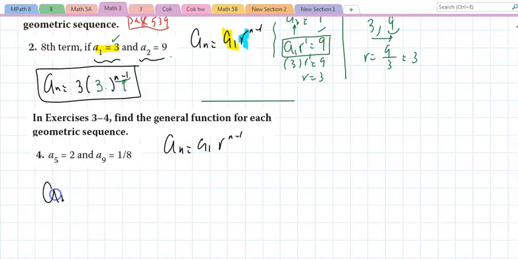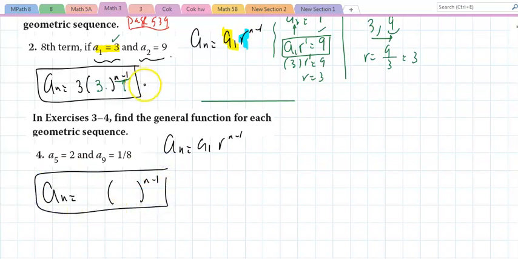So A sub n is, I need the first term, I need R raised to the n minus 1. Now I could simplify, by the way, I could say this is 3 to the 1. If you multiply those, you write the single base and you add 1 plus n minus 1 is n. You really don't have to. This is a fine answer as is.